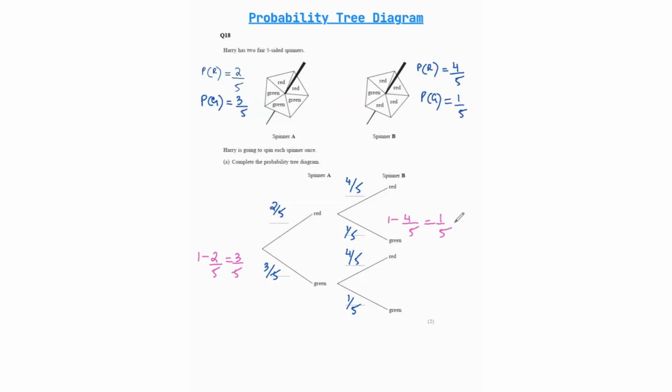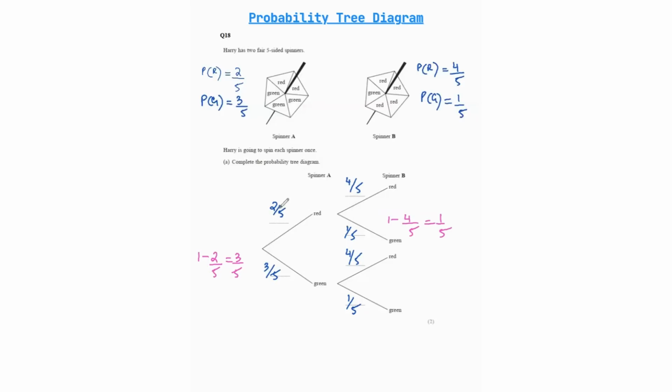Apart from that, what you need to know is that when you're moving along the branches, you will multiply the probabilities. For example, if they were saying the probability of getting a red and a red, you would do 2 over 5 times 4 over 5. But if they were saying the probability of getting a green both times on spinner B, then that means you go from red to green first.